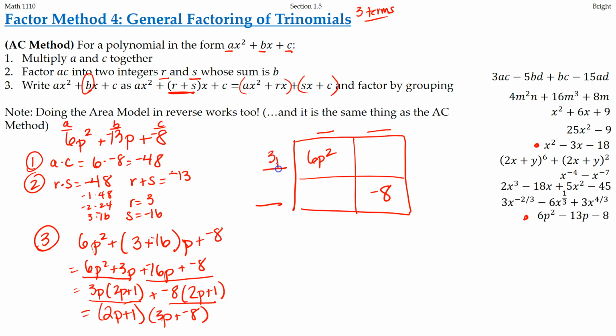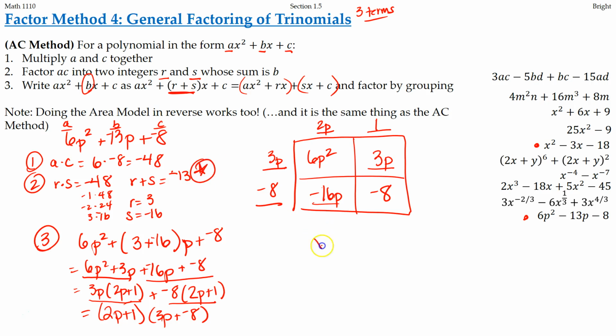This might be 3p and 2p, or you might have to try 6 and 1. So this is a lot of guess and check too. We ended up getting plus 1 and negative 8, then 3p and negative 16p, and that's where you get your R and S as well. If that works for you, great. If you want to try the AC method, it will work. It's just that step 2 could take a little bit of time.